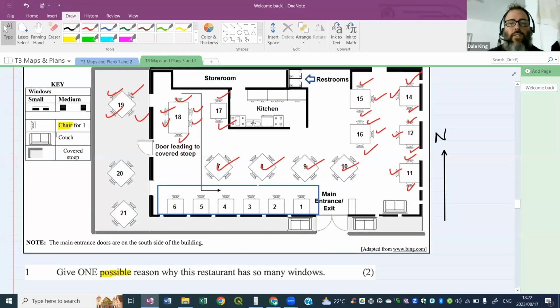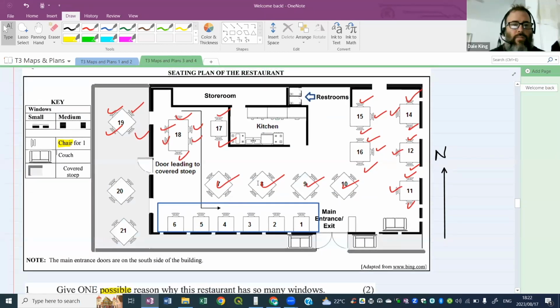So don't they mean the ones that are facing down? Yes, they mean the ones facing down. These chairs here at the bottom are all facing this way, it looks like facing the north side, and then the ones on 14, 15, one of those are facing south. Okay, I see what you're saying.